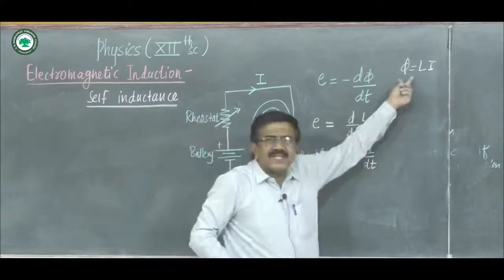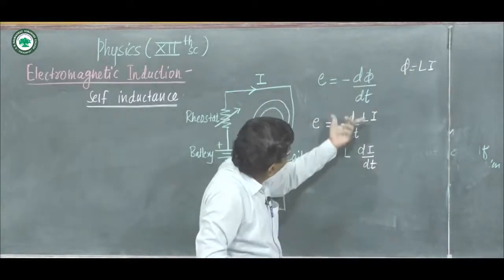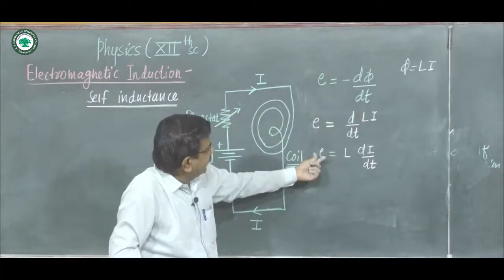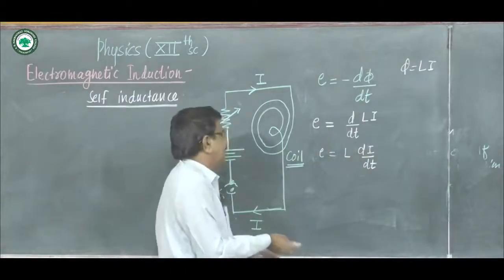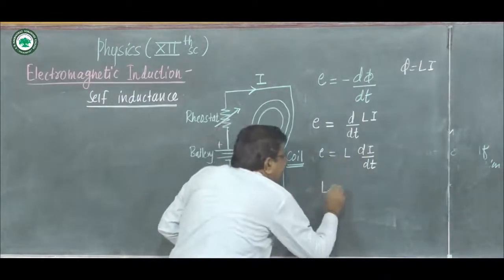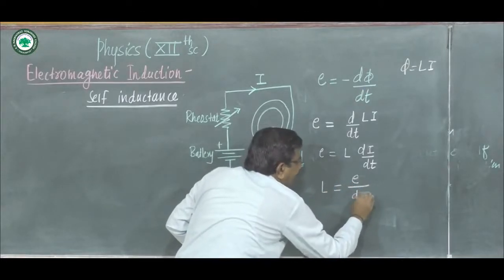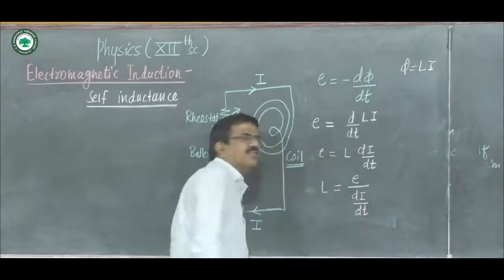We also know phi is equal to Li. Simply substitute here by considering its magnitude alone. We get E is equal to L di upon dt, and hence L is equal to E upon di upon dt, the rate of change of current.